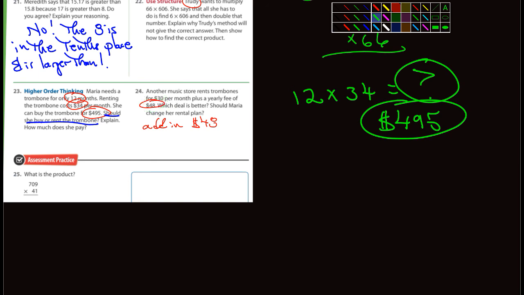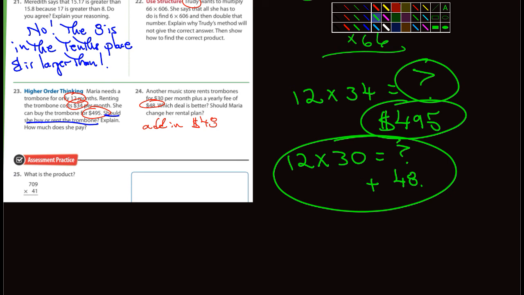So you're going to do 12 times $30 a month, and you're going to get something. But then don't forget to add in that $48. And then you'll see which is cheaper. Should she change her rental plan or not? In other words, which is cheaper, this one or this one?